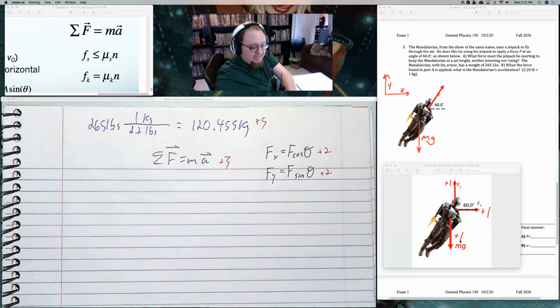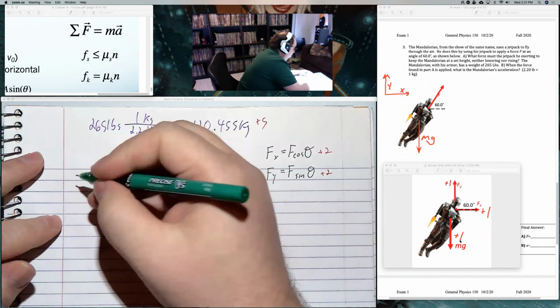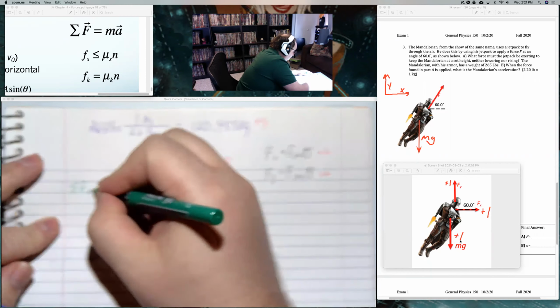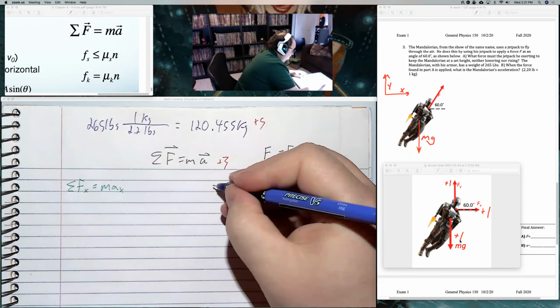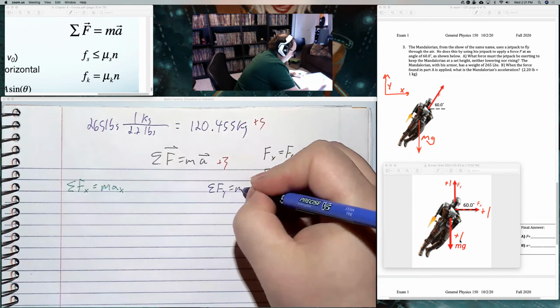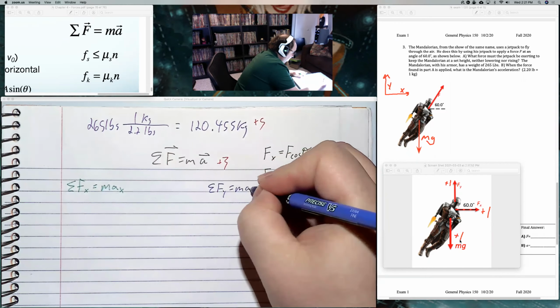Now keep in mind, in the F equals ma equation, that's really two equations. The sum of forces in x equals mass times acceleration in x, and the sum of forces in y equals mass times acceleration in y. Now, that's what I'm going to use.